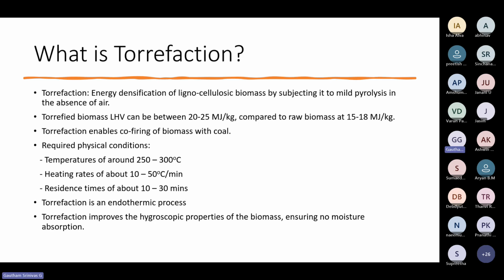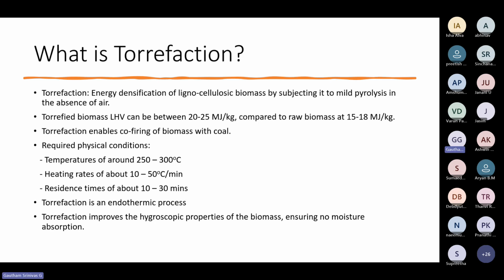If you look at gasification, within the reactor itself the pyrolysis is taking place, and the heat required for the pyrolysis comes from the oxidation zone, where the combustion is taking place, which is an exothermic process. That heat is emanated to the pyrolysis zone, and using that heat the pyrolysis takes place. But in this case, there is no such process happening, so we need an external source of energy.